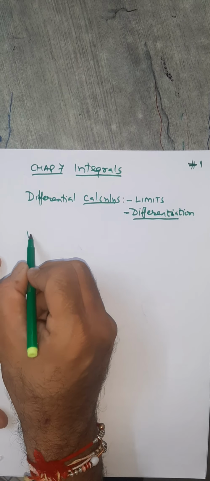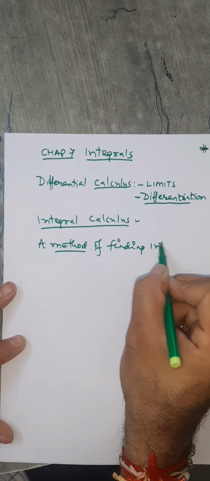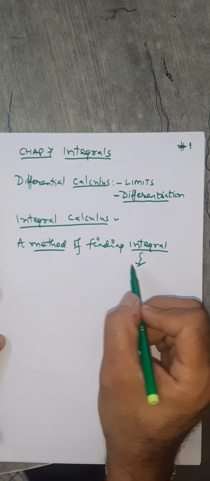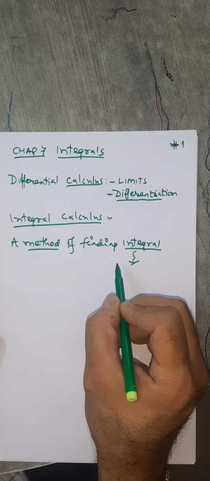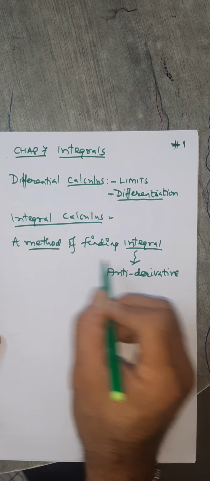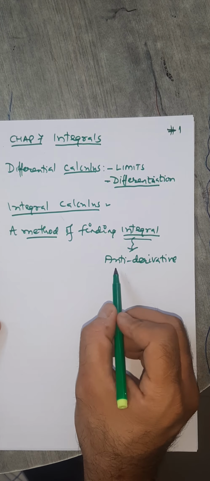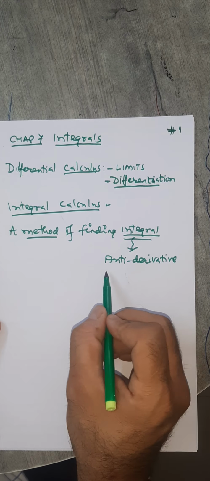A method of finding integral, which is also called antiderivative. Integral or antiderivative. A method or procedure of finding integral or antiderivative is called integration.